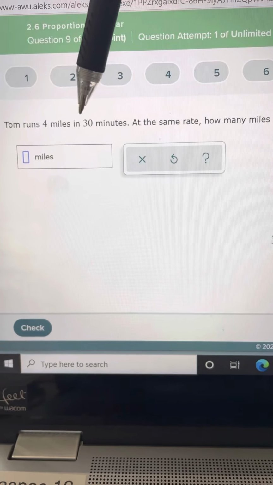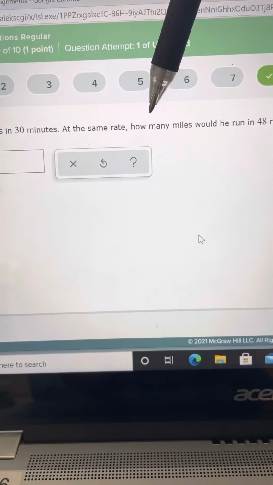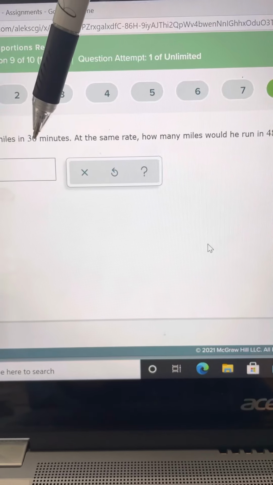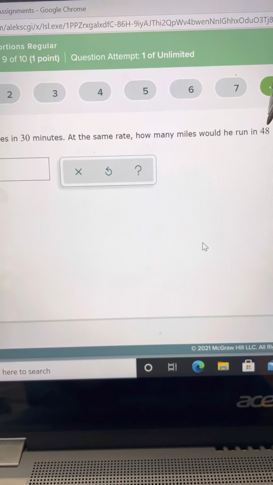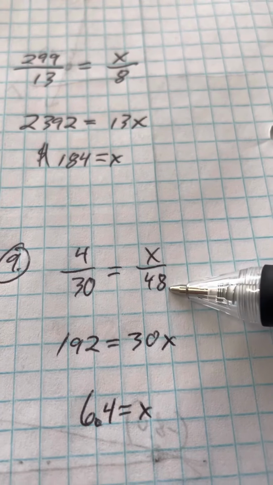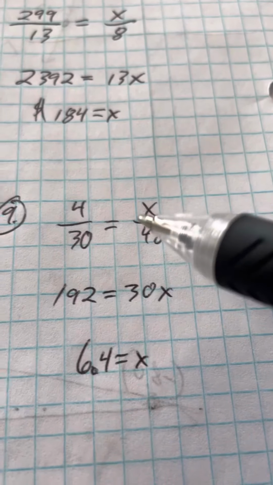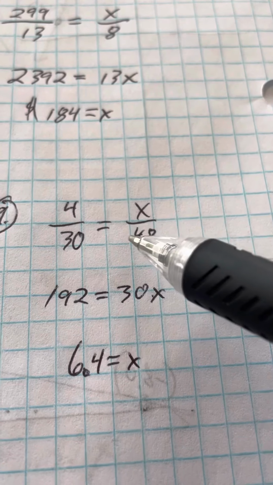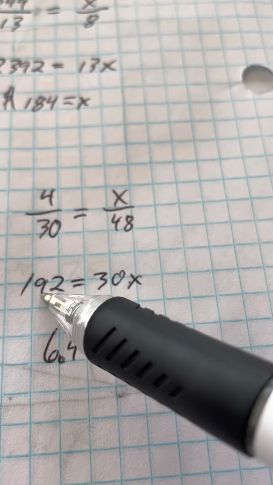Tom runs 4 miles in 30 minutes, and at the same rate, how many miles would he run in 48 minutes? So I'm going to go miles to minutes, miles we don't know to minutes we do know. So I have 30 times x is 30x. 48 times 4 is 192.